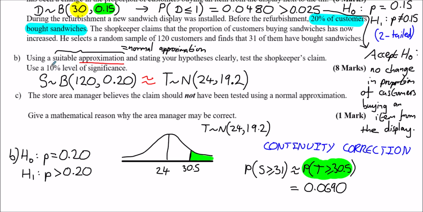So if the significance level is 10%, this is actually less than 10%. So therefore, there is evidence here to reject H0. In other words, the shopkeeper may well be correct. Reject H0.